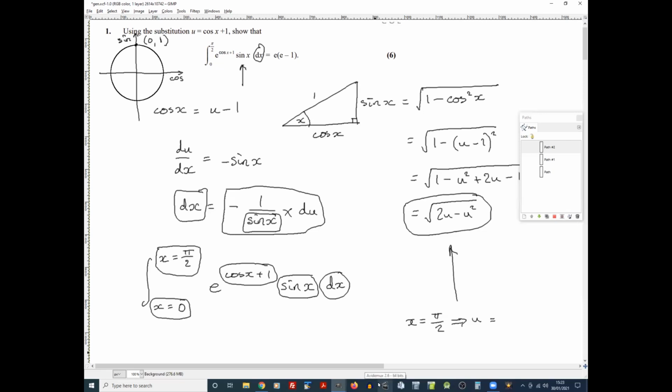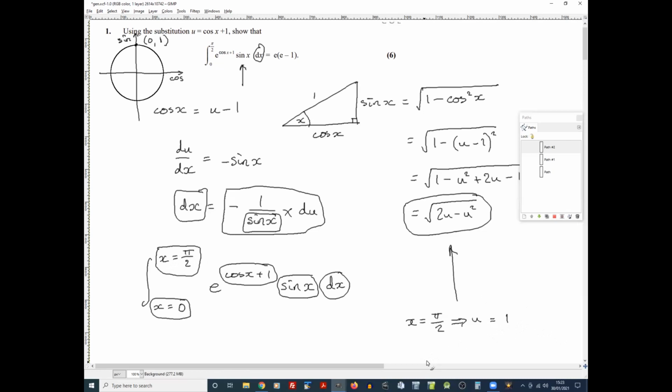U is cos x plus 1, so it'd be 0 plus 1, which means it's 1. So that gives us something to replace that with. Instead of thinking a limit of x equals pi over 2, we can say a limit of u equals 1.